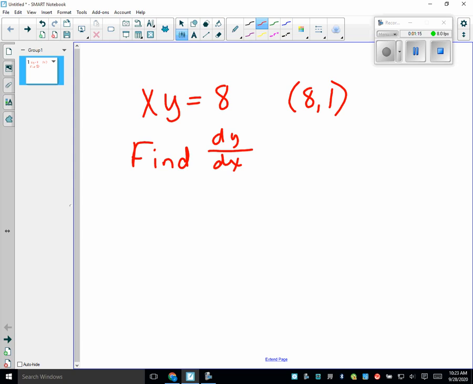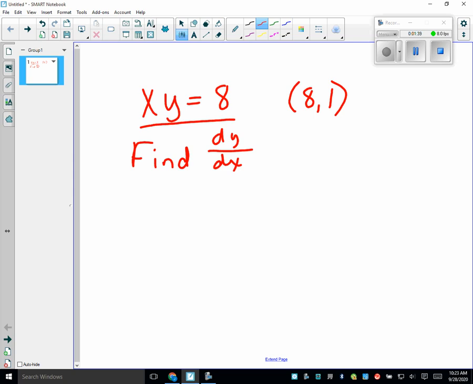You all okay with that? Now, every time I take the derivative of y, instead of writing y, I put y prime. All right? So, what is the derivative of this? Is that xy a product?